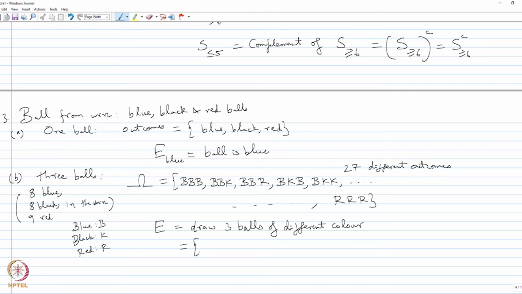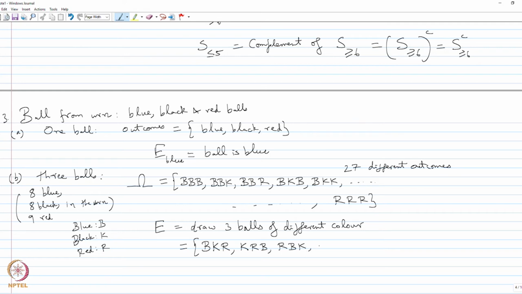The first thing could be any one, let's say blue. Next one has to be, let's say, black. Then you have red. Or you could have black here, red here, blue here, and then red here, blue here, black here. You can't have 2 blacks, right? So I want all 3 to have different colors. Those are 3 possibilities, and you will have 3 more.